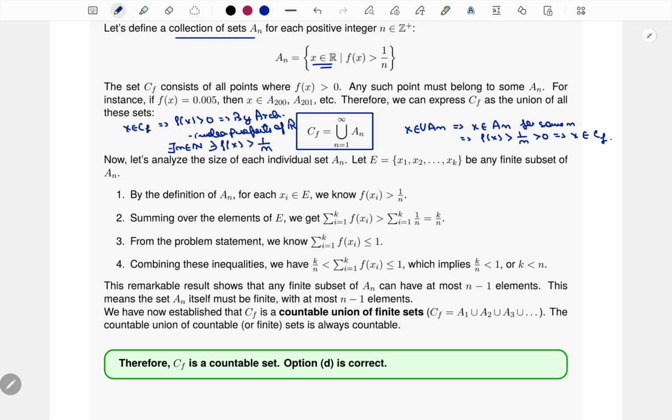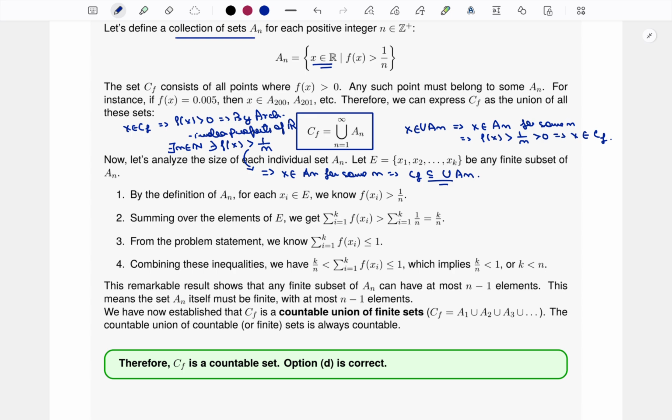So this implies that x is in AN for some n, and this implies that my CF is also contained in the union of ANs. So we can prove this claim quite easily.